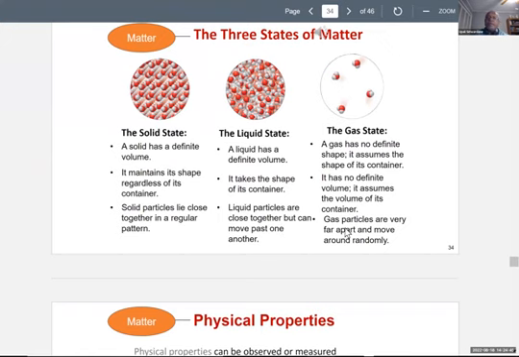Now we're going to revisit the three states of matter: gas, liquid, and solid. The structure of the atoms and molecules decides the state. This is an example of water.